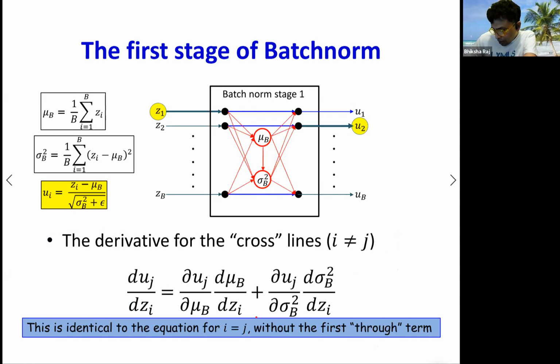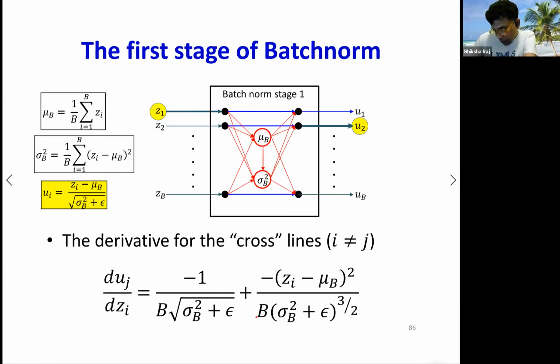And so the derivative of uj with respect to Zi ends up looking like so, which you can write out. We know the terms. There's no need to actually derive it. We know what they are. There's no need to even explain it for now, but bear with me, we will.